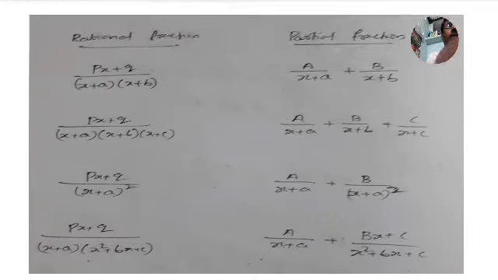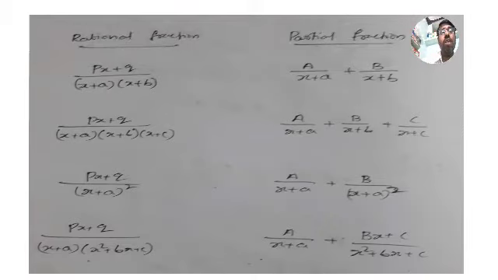Are you able to get it? So note it down. (px+q)/((x+a)(x+b)): for each linear factor you have to write one partial fraction, A/(x+a) + B/(x+b). (px+q)/((x+a)(x+b)(x+c)) gives A/(x+a) + B/(x+b) + C/(x+c).